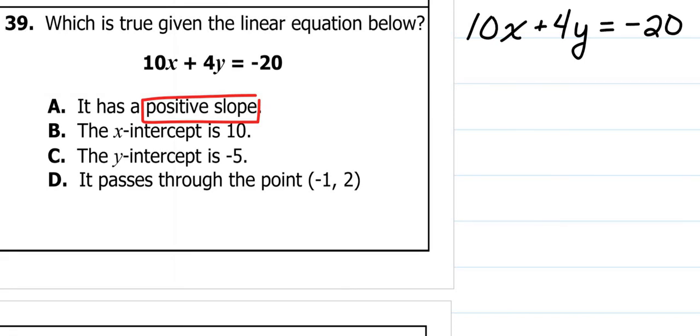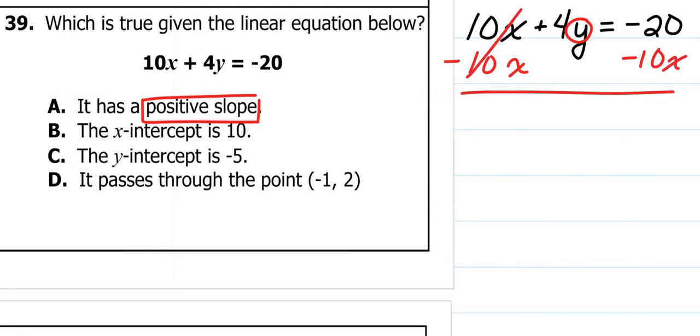In order to get the y by itself, start by moving the x. Subtract 10x from both sides. So now we have 4y equals negative 10x minus 20. Can't combine them, so I just put them next to each other.